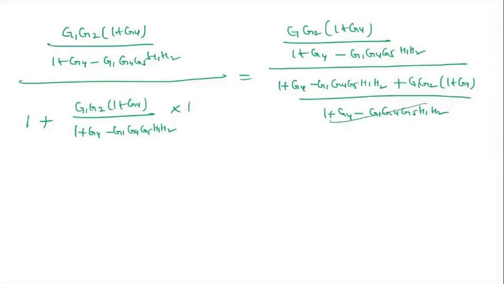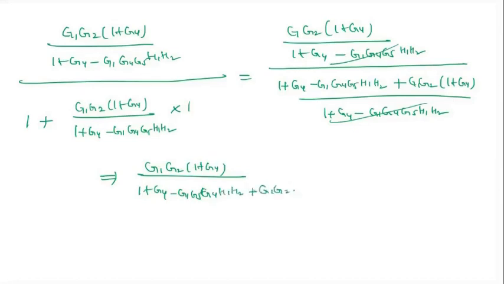So this term cancels. Finally, you will get G1, G2 into 1 plus G4 by 1 plus G4 minus G1, G4, G5, H1, H2 plus G1, G2 into 1 plus G4.